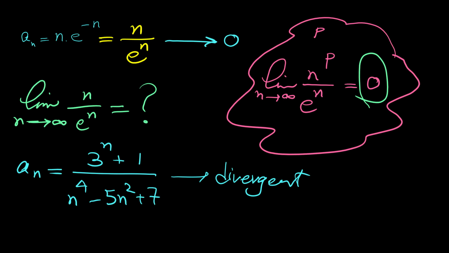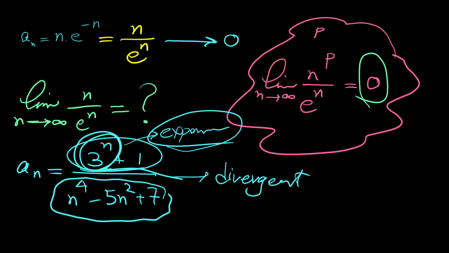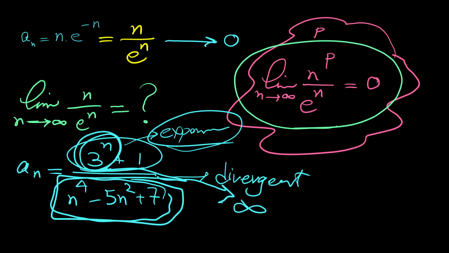It's not convergent at all, because the numerator has an exponential function, and exponential functions grow faster than polynomials. This is significantly bigger than this. So this goes to infinity, and because it goes to infinity, it is divergent. So this example was very important, and this result is also very helpful for you to keep in your head.